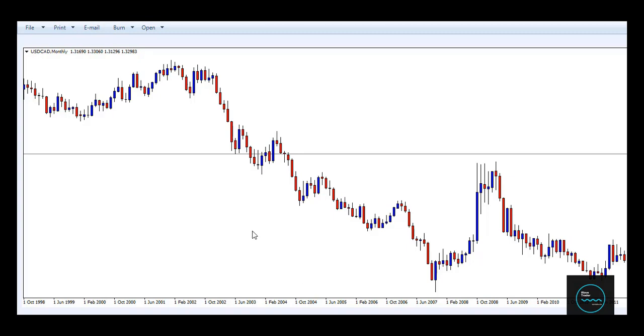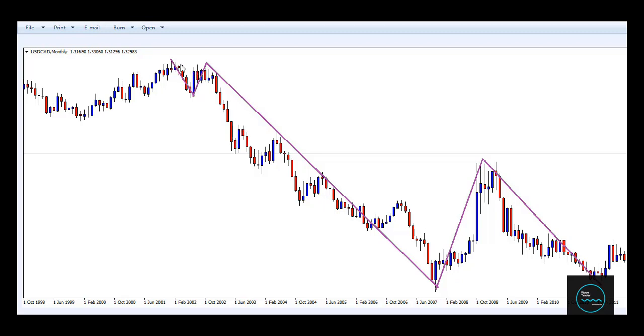I want you to look at this chart for a while and tell me what you see. Okay, so we have the first, the second, and we have a very long third wave here, and a steep fourth wave, and then a fifth.